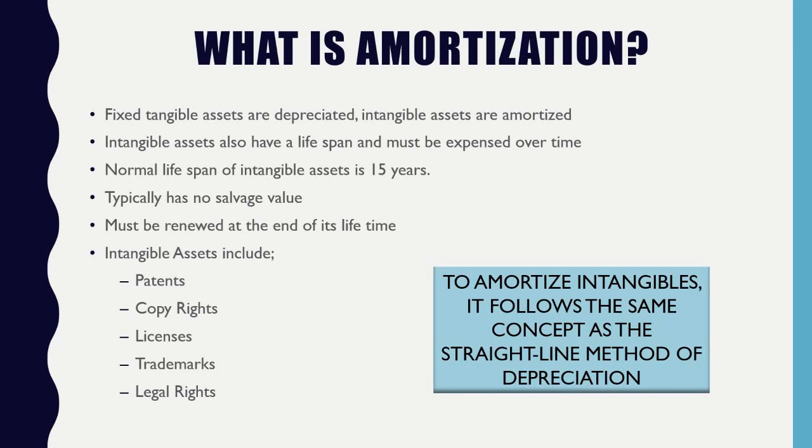So again, land is depleted. Tangible assets or fixed assets are depreciated. Intangible assets are amortized. Okay? They all are different terminology, but they all function and do the same exact stuff. Okay? So again, we're going to do a quick review. Well, what is an intangible asset?